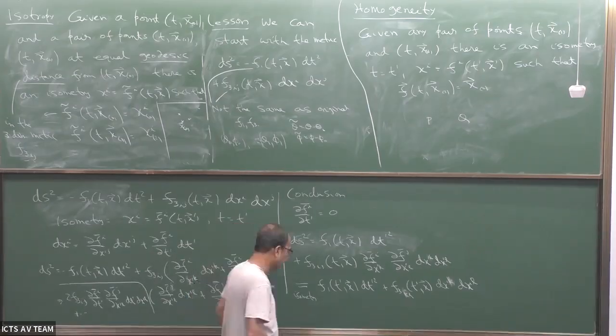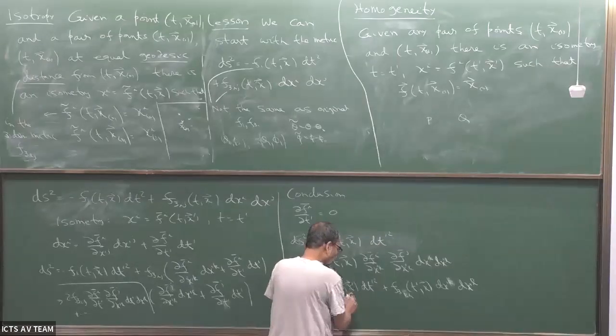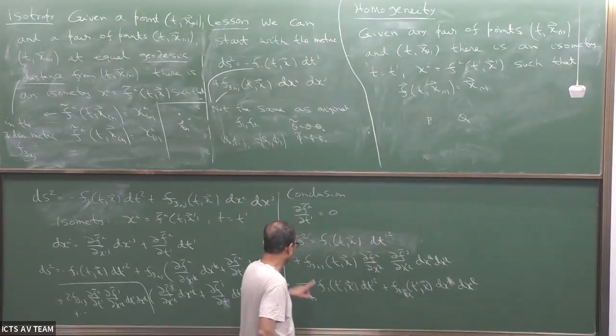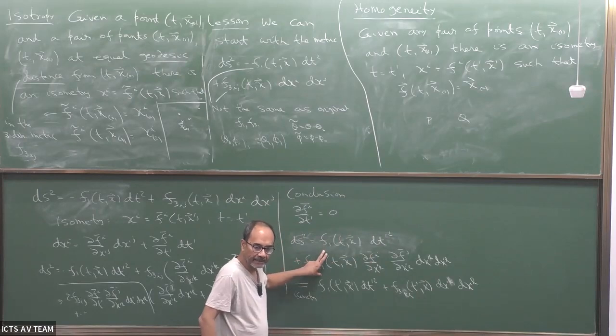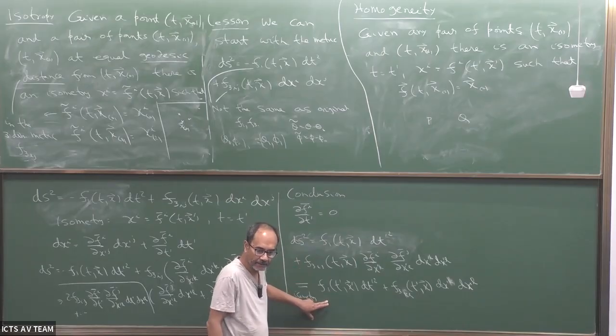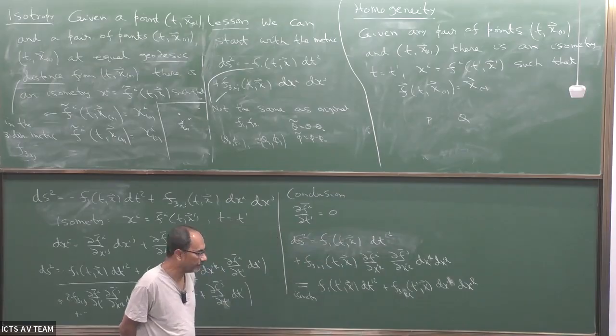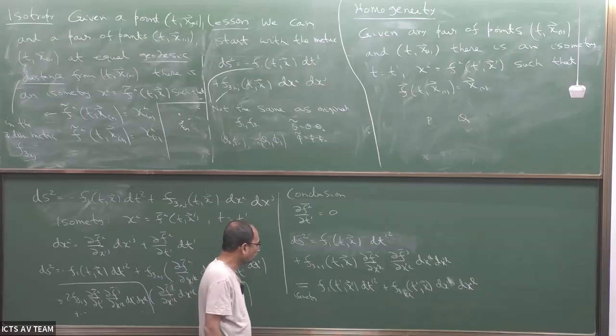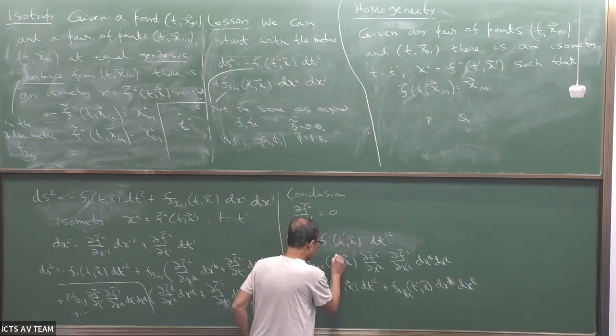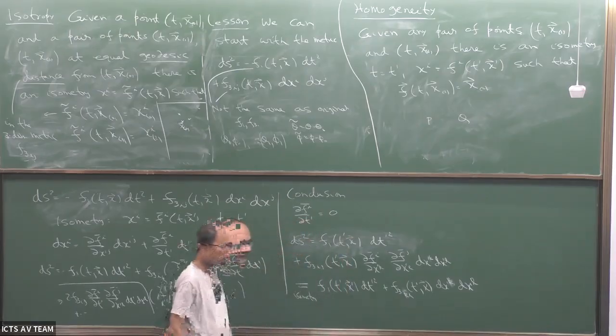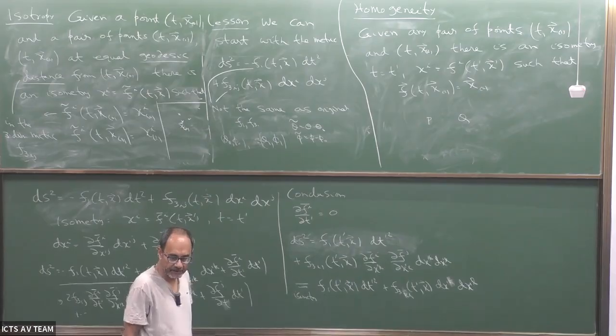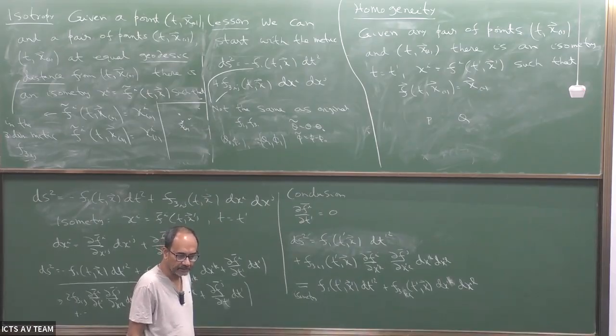Yeah, so okay, here it should be x prime, because this is evaluated at x prime, t prime. So the original metric argument has to be changed to x prime, t prime. So these are all x prime, t prime. T prime is the same as t, but x prime is different. Here I can change t to t prime, because t and t prime are the same, so there's no issue there.